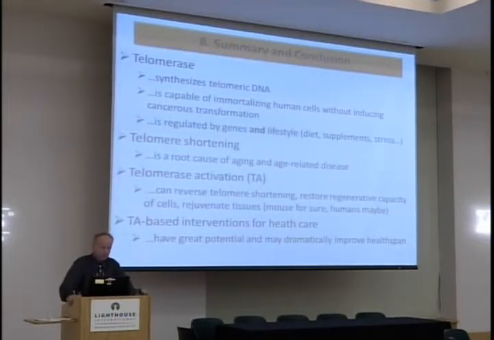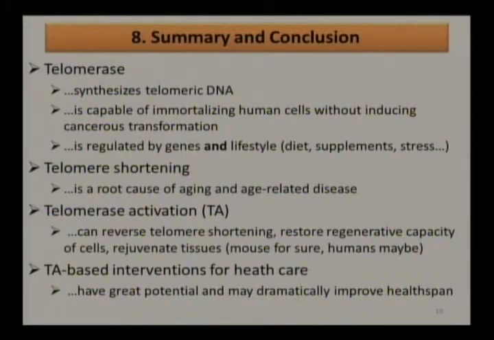Okay, so just in summary, telomerase, key points: it synthesizes telomere DNA, is capable of immortalizing human cells without inducing cancerous transformation, and it's regulated by genes and lifestyle. Telomere shortening is a root cause of aging and age-related disease. Activation of telomerase can reverse telomere shortening, restore regenerative capacity of cells, rejuvenate tissues.